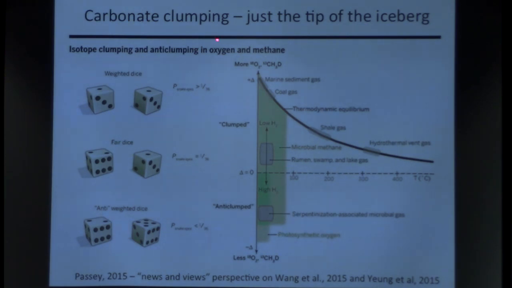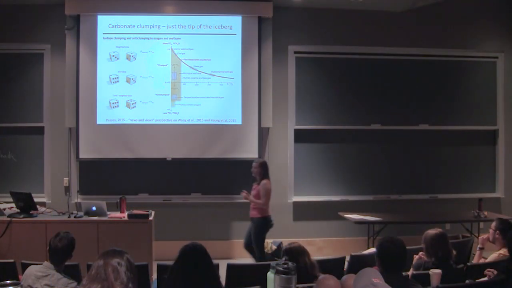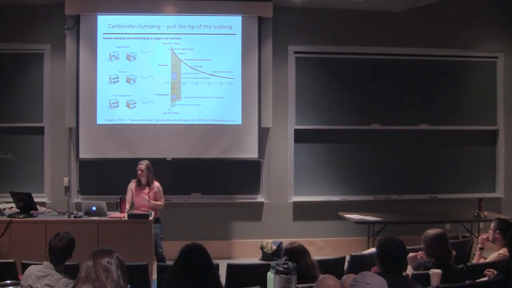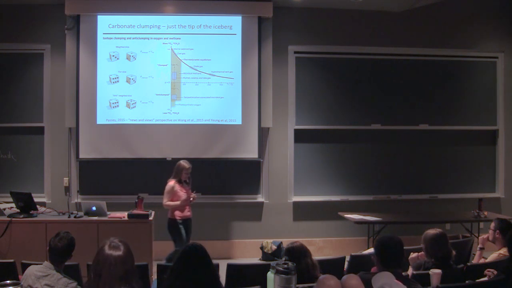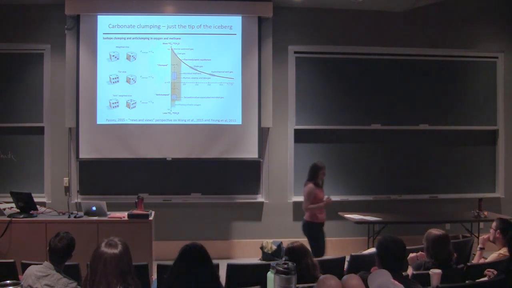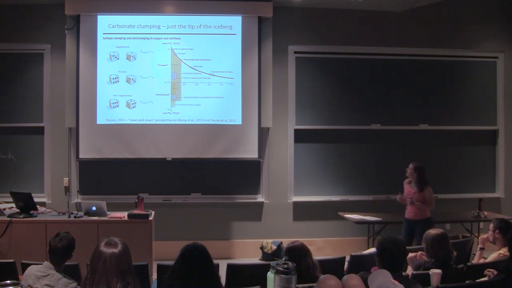You can imagine that for both of those sets of clumps, you're going to end up with some equilibrium system, which is what's represented here, and strongly driven by temperature. There are papers published looking at different settings of methane clumping and what that might show you about natural gas systems, where some of that methane is being produced, which is certainly something the oil industry is interested in.